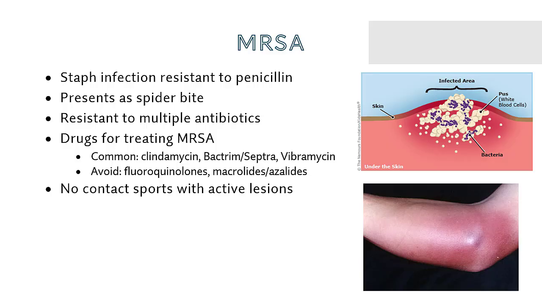The physician who maintains close contact with the athletic trainer in such cases should abide by the evolving guidelines for the management of these infections. Given the potential for rapid development of resistance, some antimicrobial agents are discouraged for the treatment of MRSA. For treatment of MRSA, outpatient options may include clindamycin, Bactrim, Septra, or Vibramycin.